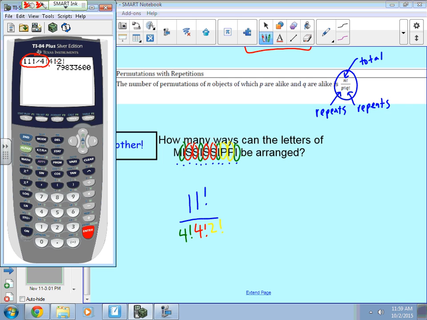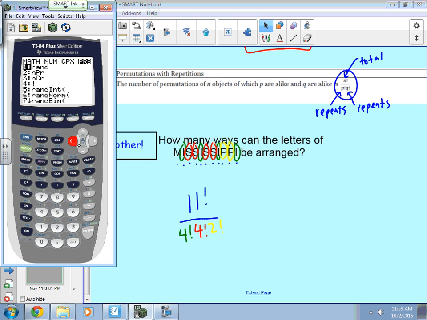So on a problem like this, in order for you to get it correct, what you're going to need to do is use parentheses. We still want to do the 11 factorial like we had. But then after you have your 11 factorial, hit divided by, open parentheses, and now enter the other ones: 4 factorial, another 4 factorial, 2 factorial, and then close the parentheses.